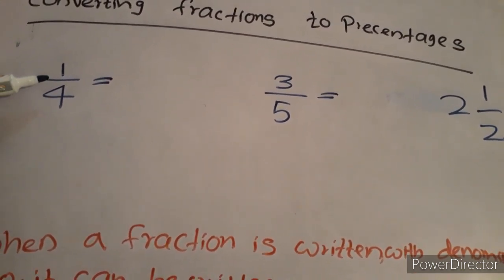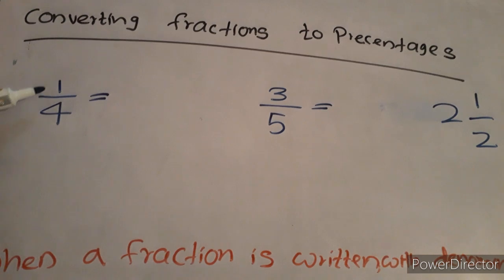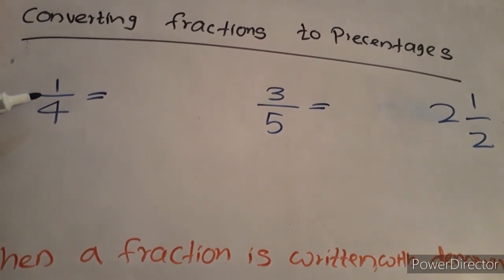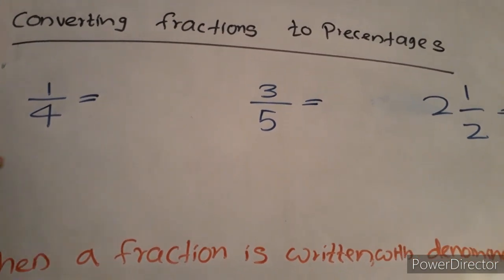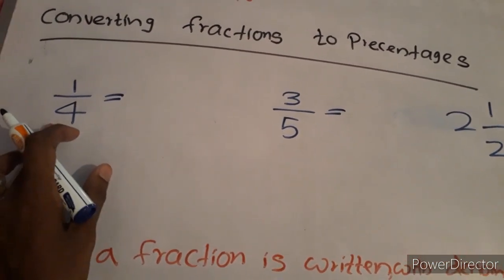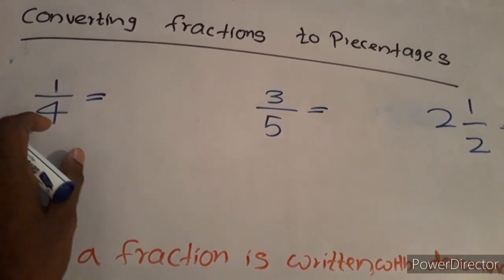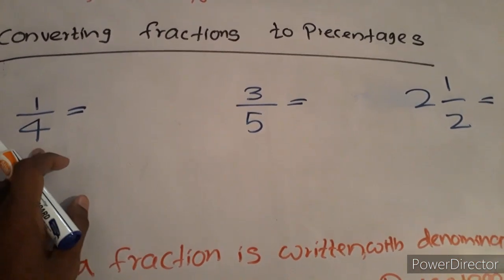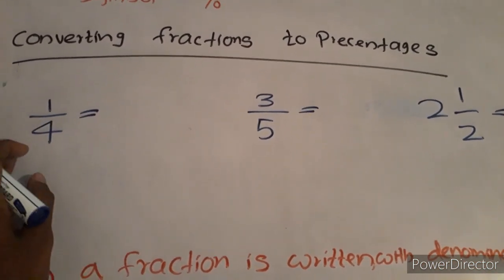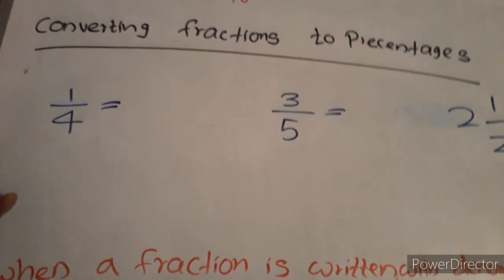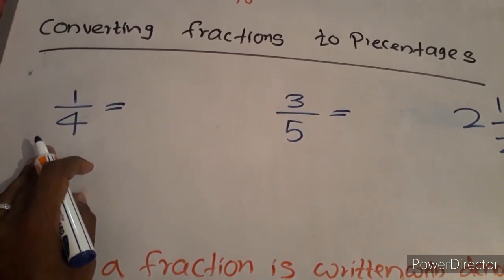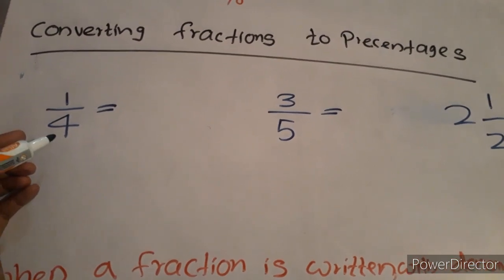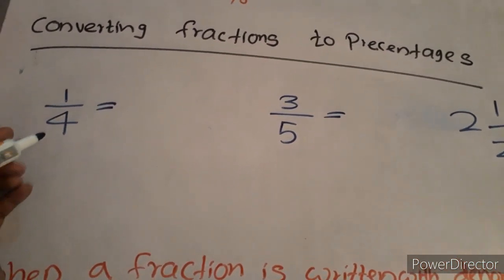How can we convert this fraction into a percentage? We have to make the denominator 100. So to make the denominator 100, what do we have to do? There's a 4, so we can multiply.